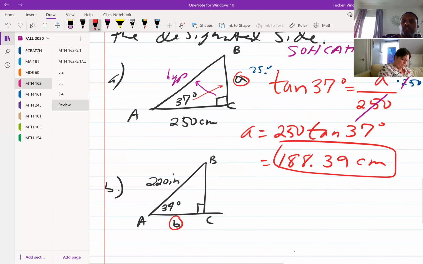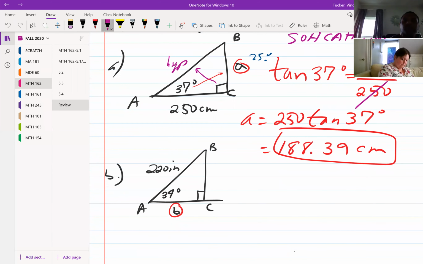All right, so next one. We have our 34 degrees and we have our hypotenuse. So we're looking at what's beside our 34 degrees, the adjacent over hypotenuse. So we're looking at cosine.